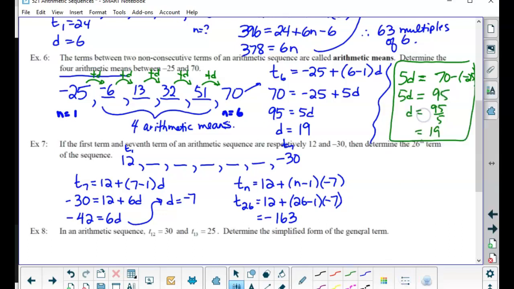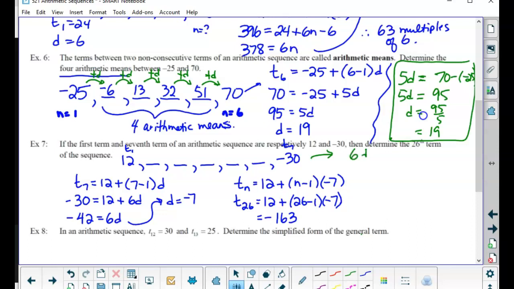If you had not used the general formula there, then just like this one up here, you may have gone, okay, if I'm going from T1 to T7, that means I'm adding D 6 times.